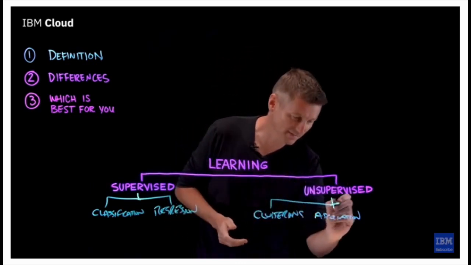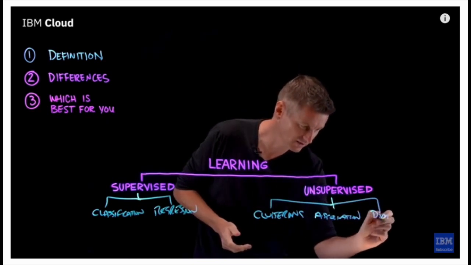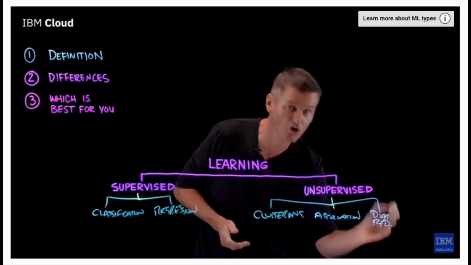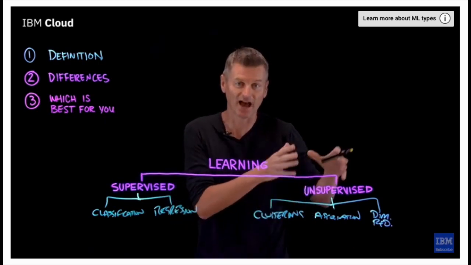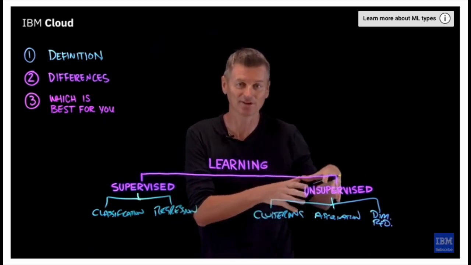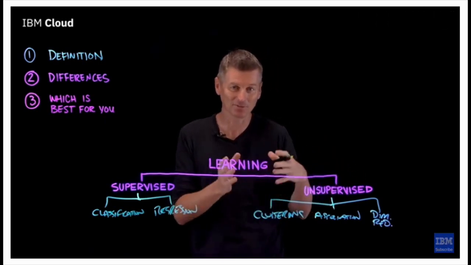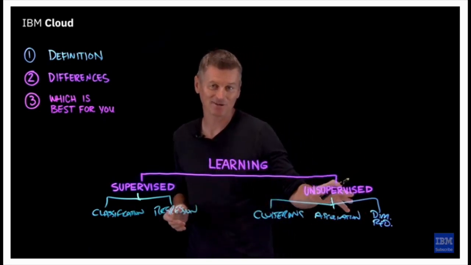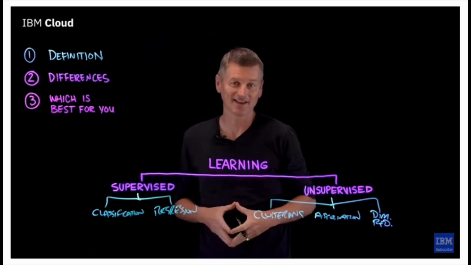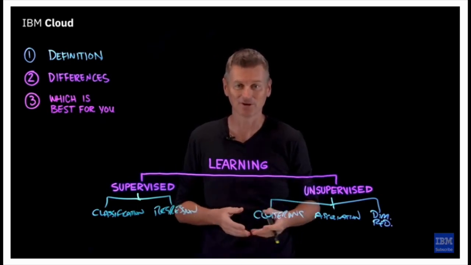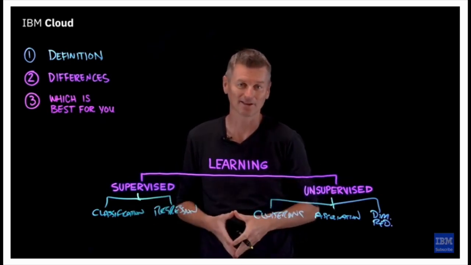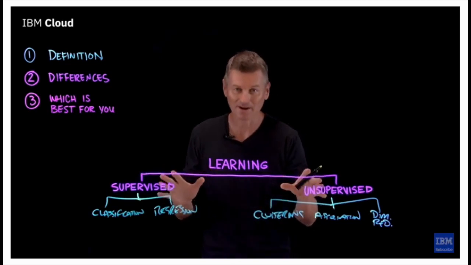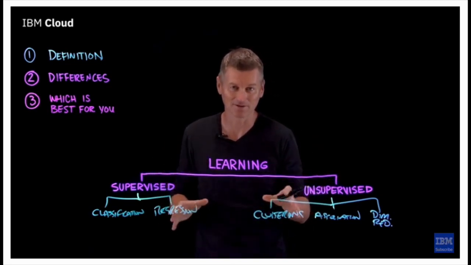The final one to talk about is dimensionality reduction. This is where the algorithm reduces the number of variables in the data while still preserving as much of the information as possible. Often this technique is used in the pre-processing data stage, such as when autoencoders remove noise from visual images to improve picture quality.